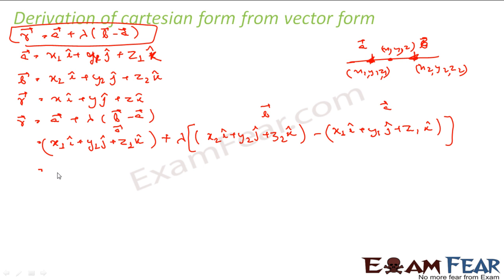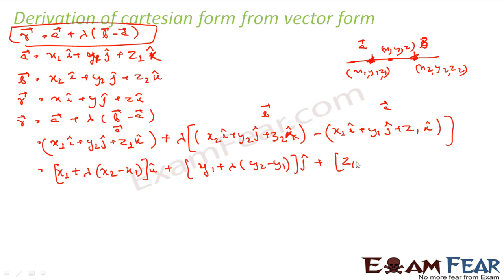So this comes out to be (x1 + λ(x2 − x1)) i cap, plus (y1 + λ(y2 − y1)) j cap, plus (z1 + λ(z2 − z1)) k cap. Correct?